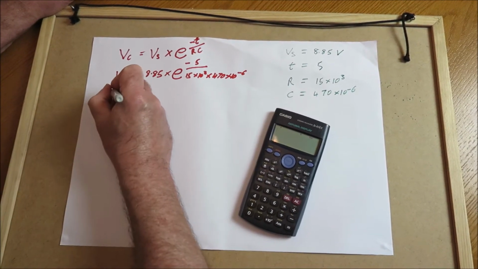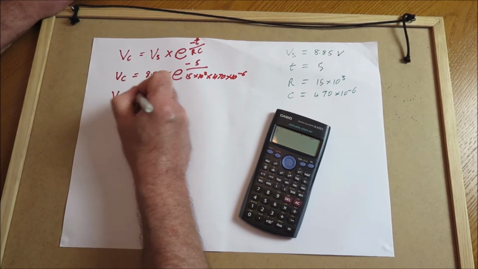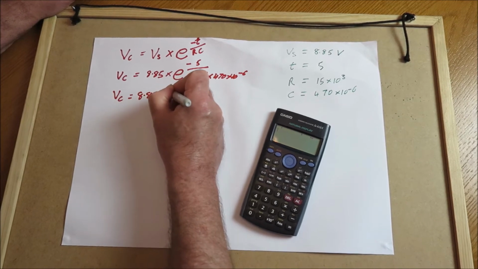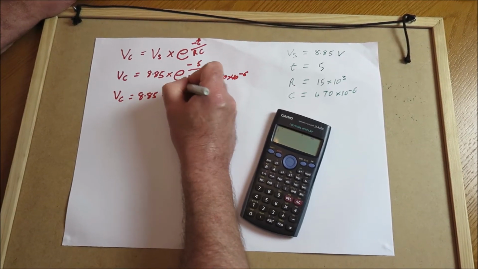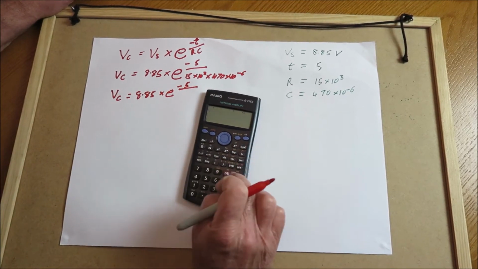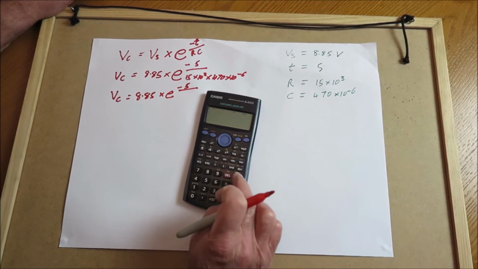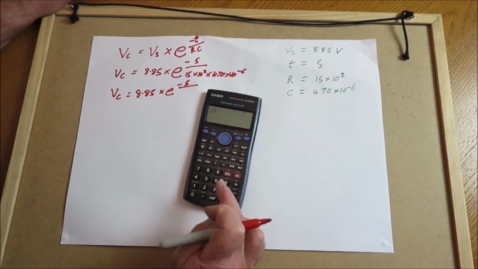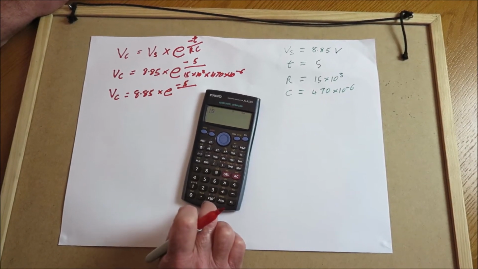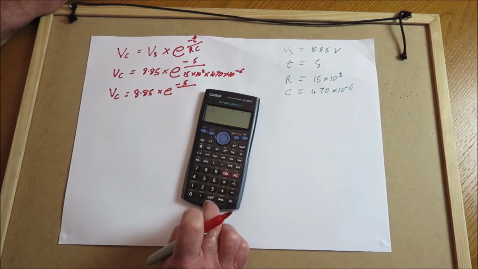Okay, so let's take this step by step. So VC is equal to 8.85 times E to the minus 5 over, let's get a number for this. So when we type this in, we say 15, and it's not a multiplication, it's times 10. It's times 10 on the bottom, and on some calculators you'll see an EXP button.